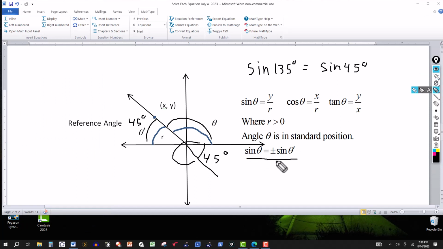If you have the function value of theta, and here I'm letting f represent any trig function, could be sine, cosine, tangent, this will always equal plus or minus the value of the reference angle.